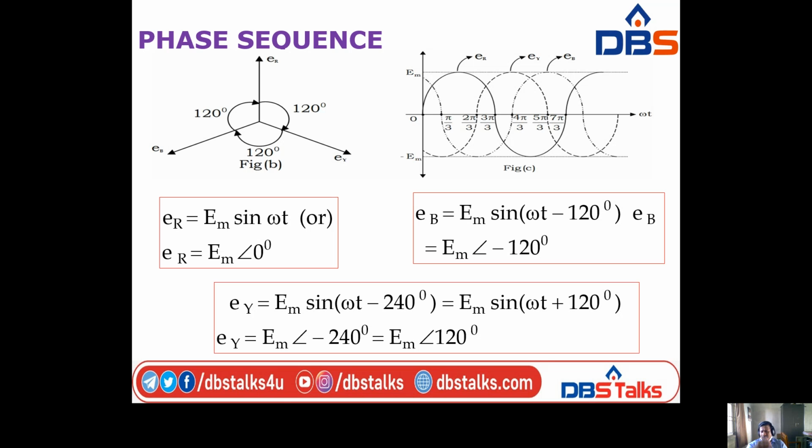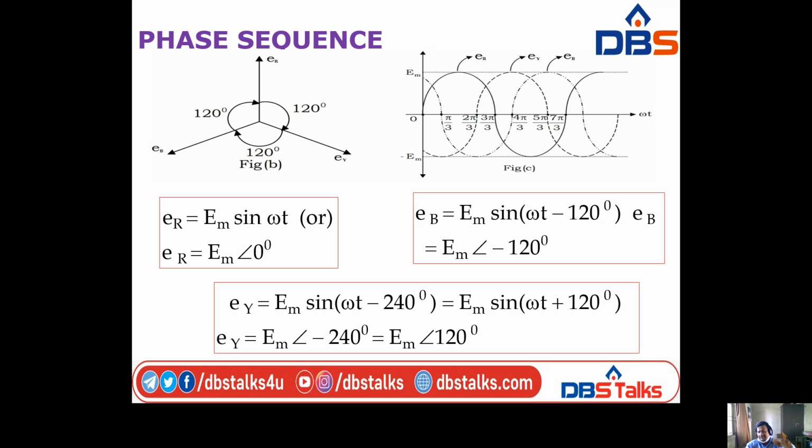So in our diagram, the R phase gets the maximum value, followed by Y, followed by B. Therefore, the phase sequence is RYB. Suppose in the reverse direction, the phase sequence is RBY.